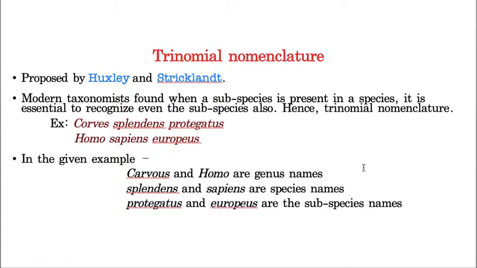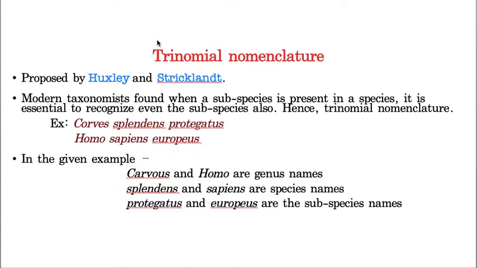Giving three names to every individual is called trinomial nomenclature, and this was proposed by Huxley and Strickland, whereas binomial nomenclature was given by Carolus Linnaeus.